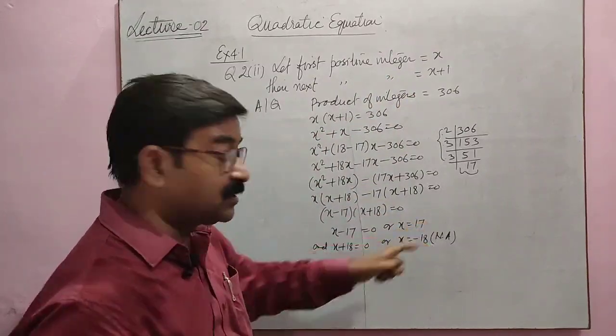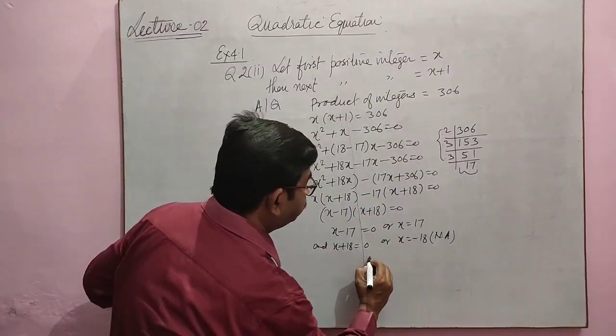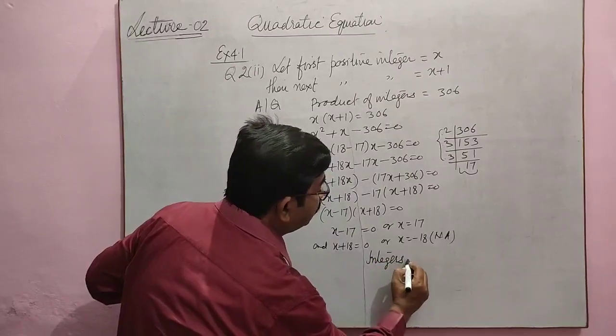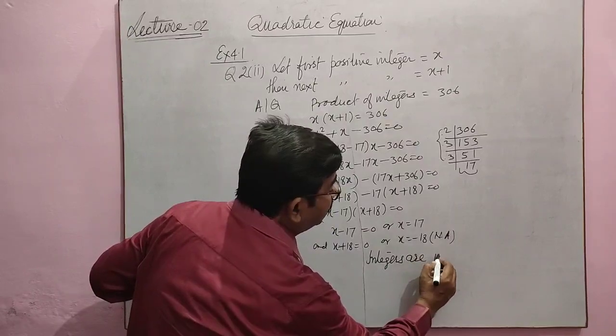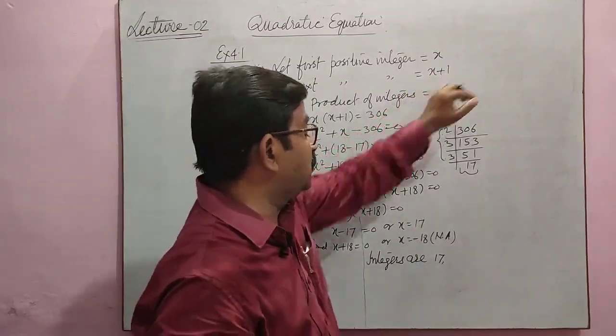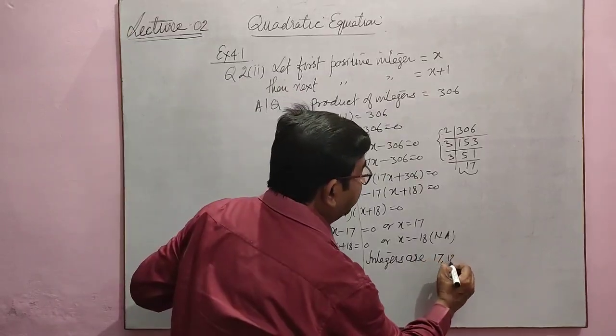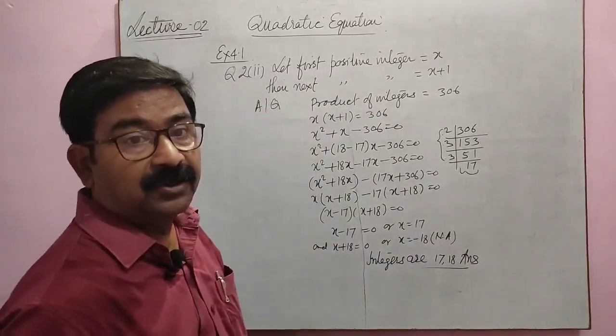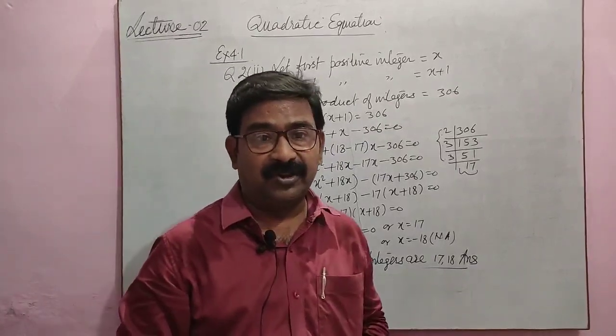So positive is the answer. So the integers are, first integer is 17, the value of x, and the next integer is x + 1, so the next integer is 18. So this will be the answer. Got it? So this is how we can solve the equation.